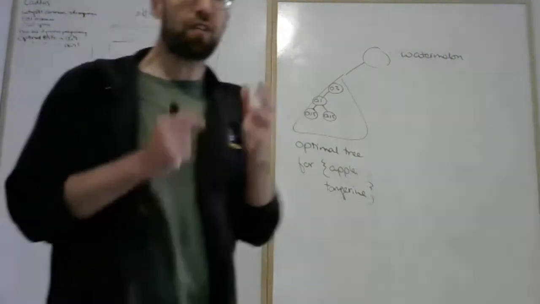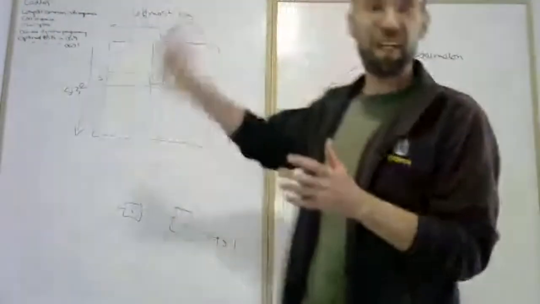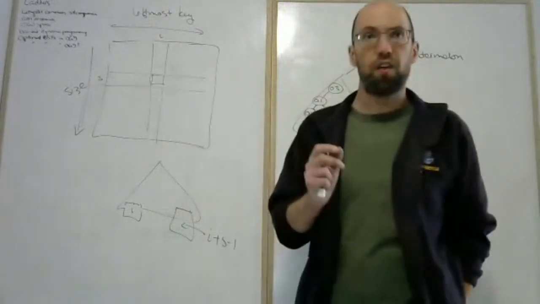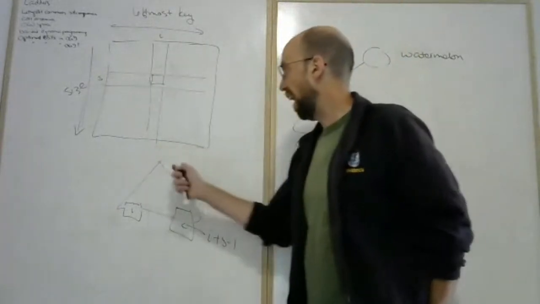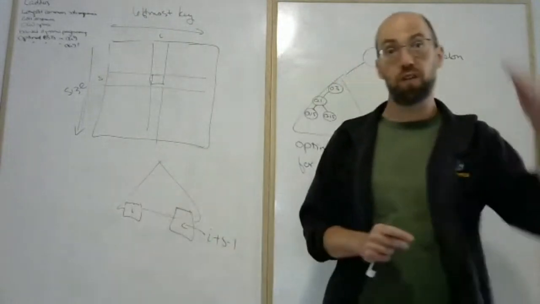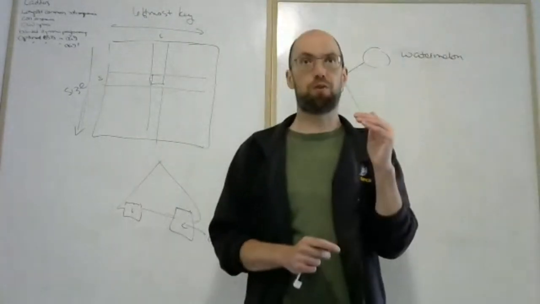But this is going to take quadratic space. It's an n by n matrix, and in general, for each of these cells, we're going to be looking at all the ways to choose a root. So it's going to be 3 nested for loops.